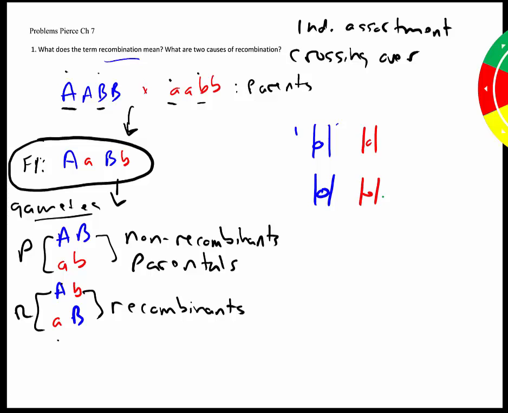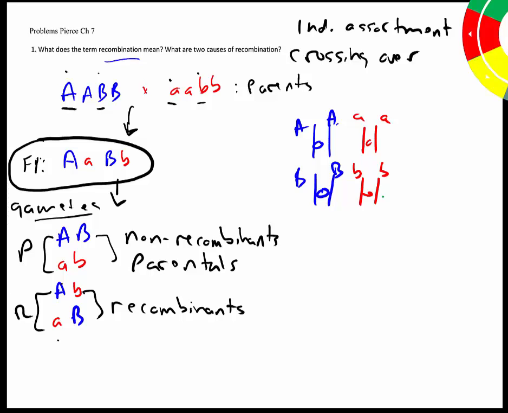This parent has big A, big B, and this parent had little a, little b. And depending on how those chromosomes line up, we can get those chromosomes to line up like I showed there.